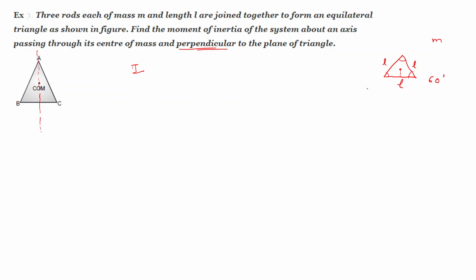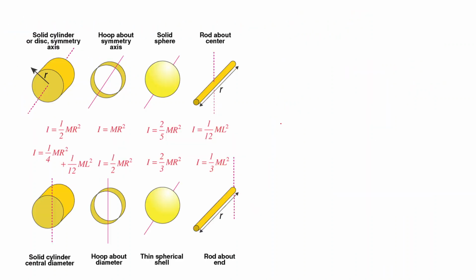One thing: for a particular rod, if the axis is passing through the center of mass of the rod, then what is the moment of inertia? I think it's 1/12 m l squared, where l is the length of this rod. Let's quickly see from here.